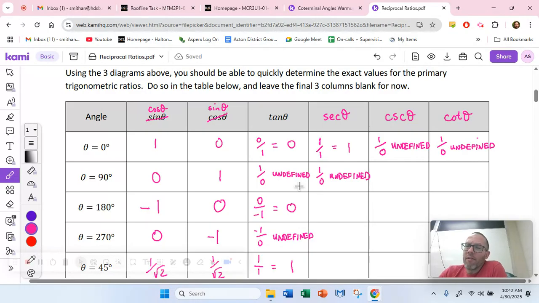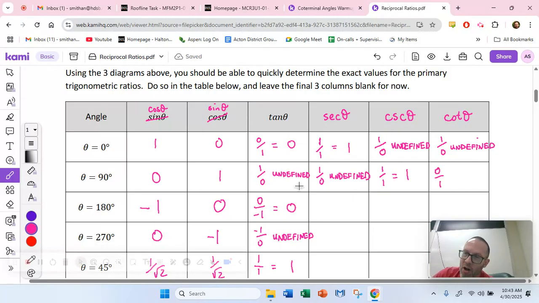Cosecant of 90 degrees, the flip of 1 is 1. No shock there. The tan of 90 was undefined, so what's the flip of that? Since the tan of 90 was undefined, because we had 1 over 0, when you flip that back again, you get 0 over 1.